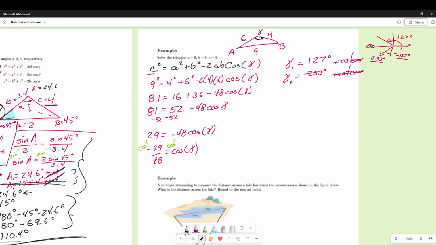Even though we get two answers and all the coterminals every time, just like we did with law of sines, because cosine inverse will always give us answers in either quadrants 1 and 4 or quadrants 2 and 3, only the principal answer will ever matter in terms of triangles. That's why the law of cosines doesn't give us an ambiguous case.